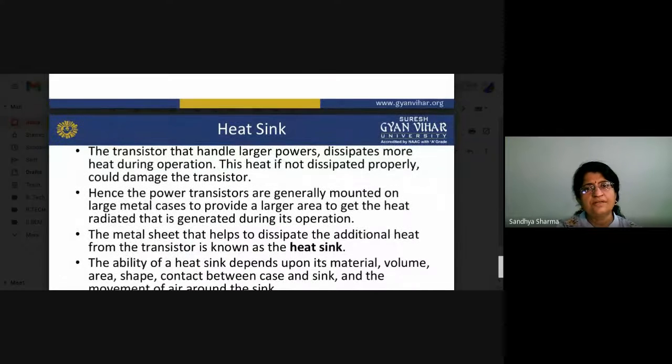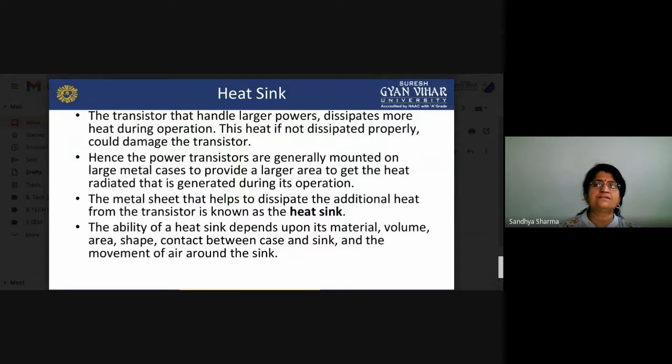So what about the heat sink? Here we will discuss what a heat sink is and what type of materials we use for heat sink purposes, because if temperature rises, a large amount of losses occur in our devices. Transistors that handle large power dissipate more heat during operation. If this heat is not dissipated properly, it will damage the transistor.